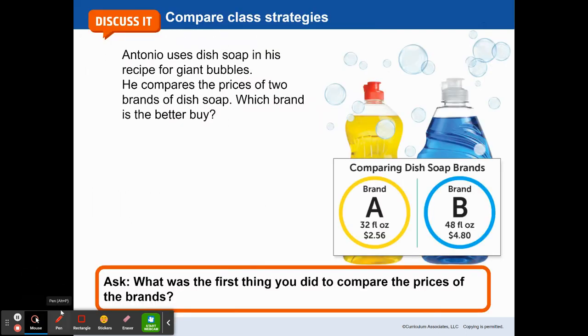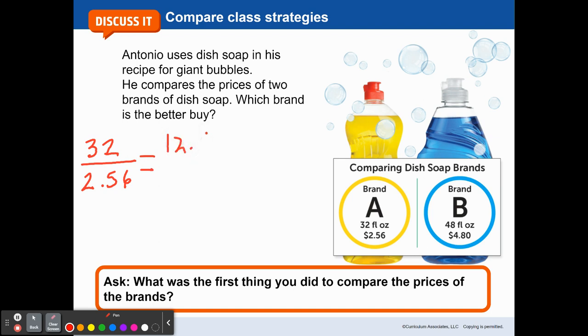So what I would do instead is set them up as fractions and then divide. What I mean by that is 32 ounces for every $2.56. When you divide that, you get 12 and 5/10 ounces for every dollar. Right?